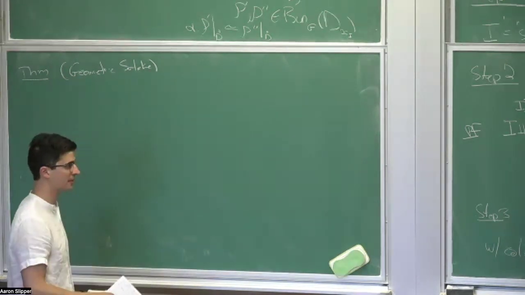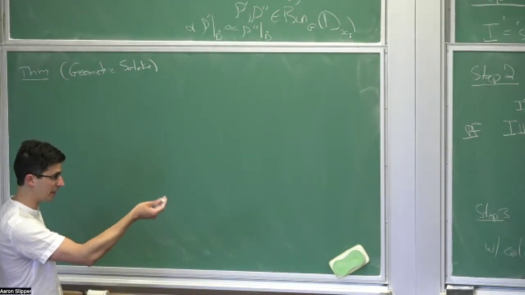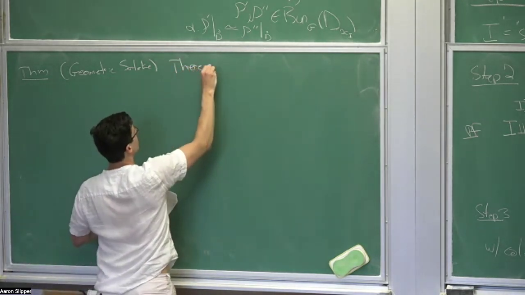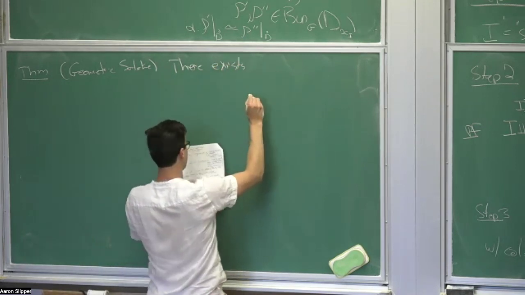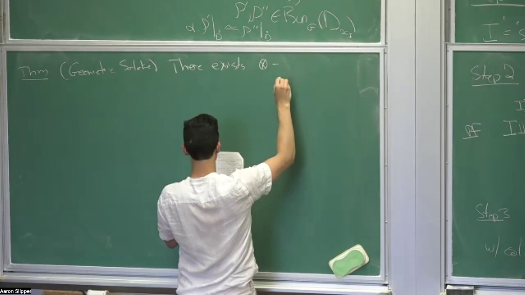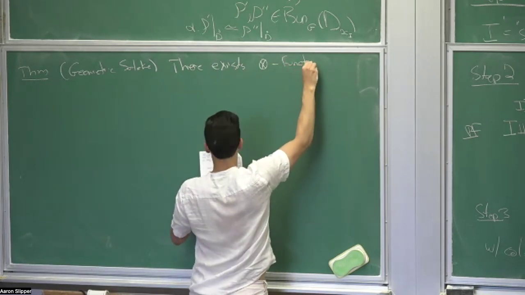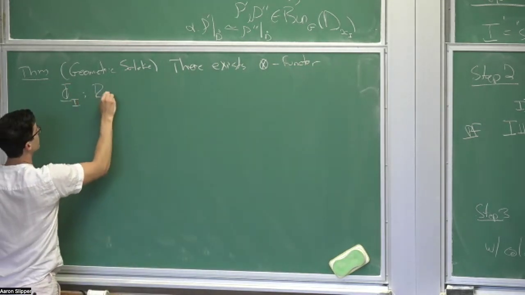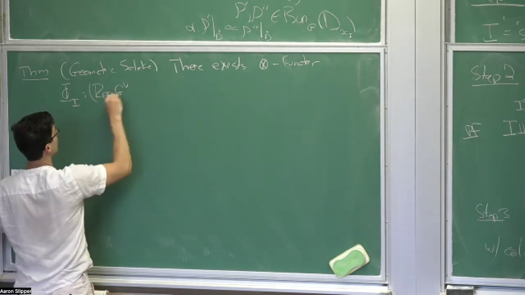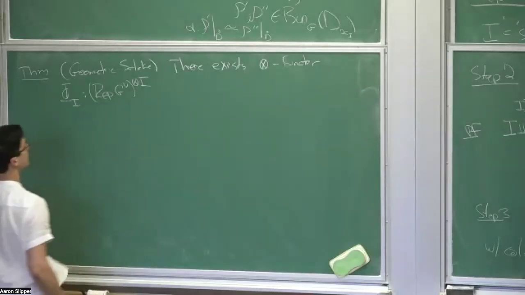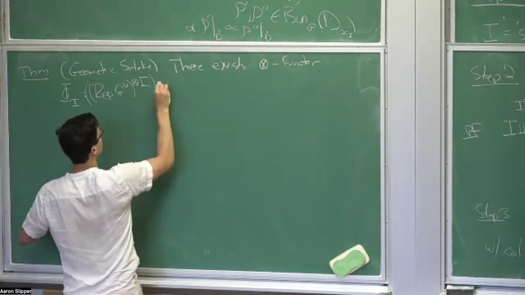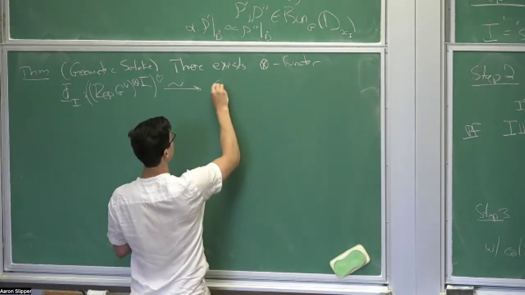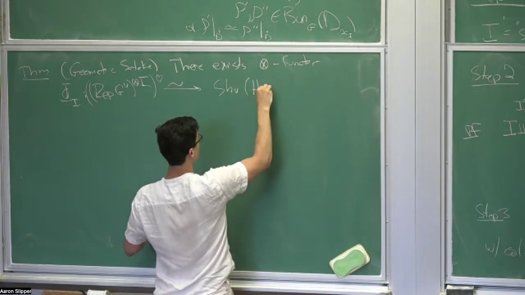So I'll state it in the version where you allow I to be any finite set, not just a point. So there exists a monoidal functor phi sub I from the underlying abelian category of Rep of G check tensor I onto sheaves on this Hecke stack, local Hecke stack.